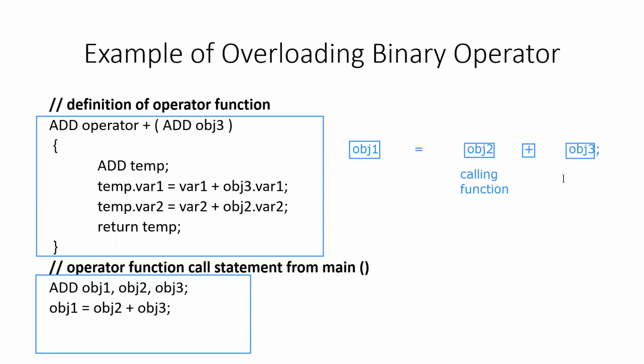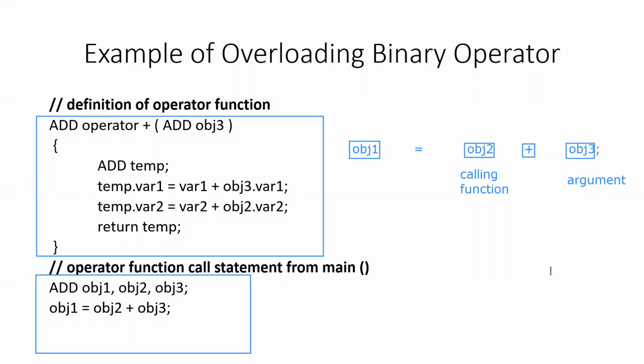Which object is being passed as an argument? The object on the right hand side of the operator is being passed as an argument. So object 3 is being passed as an argument.